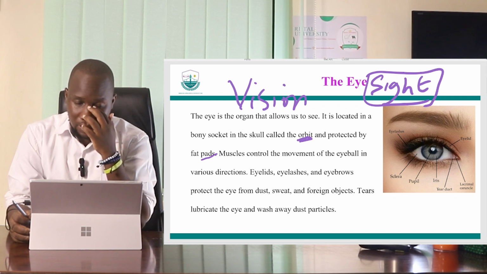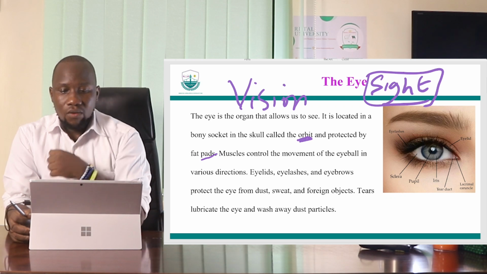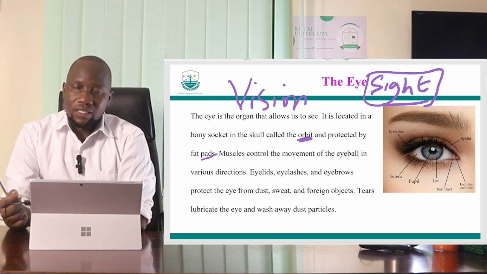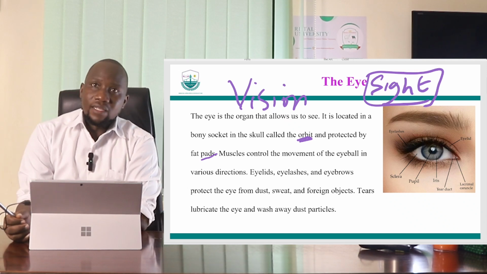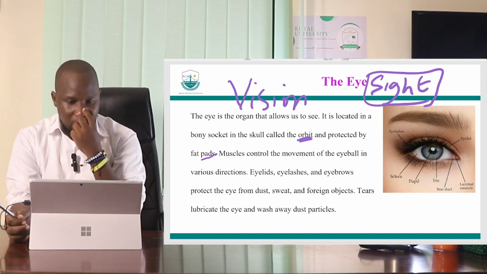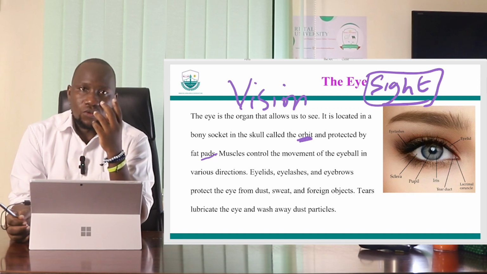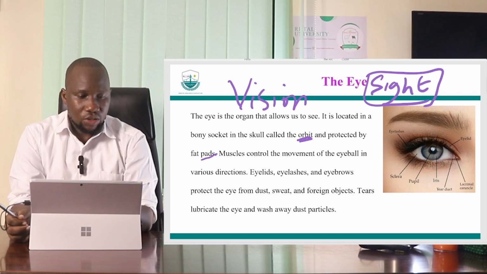The eyelashes, eyebrows, and eyelids help in protecting the eyes from foreign bodies. Things like dust particles cannot enter the eye because of the structures I've just mentioned.